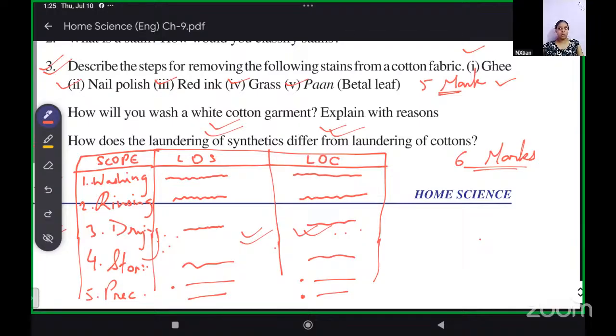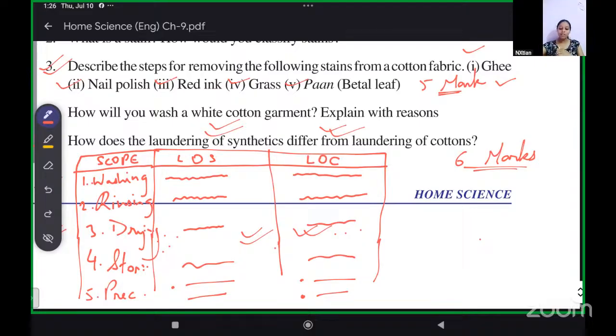I always tell the students that whenever a difference comes, it's better to put it in columns. Why? Because we're showing a comparison between two things. In columns it can easily be shown that in the washing process this is the difference here and this is the difference here, and in rinsing this is the difference and this is the difference. If we write the whole thing in a paragraph, it becomes a little hard to differentiate the two things.